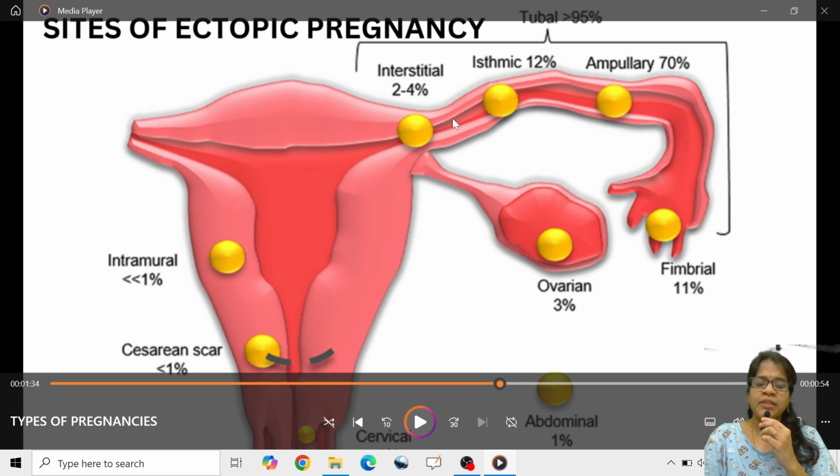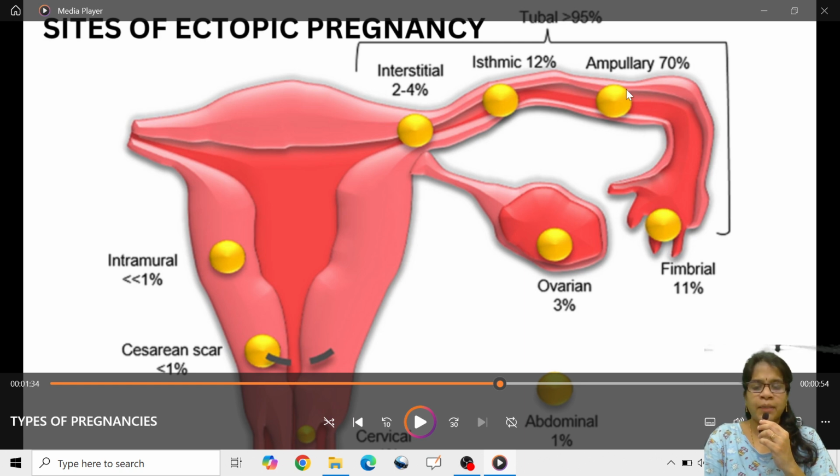The capacity of absorbing nutrients from the uterus is more seen in the interstitial part. Thus the baby can survive more in the interstitial part than the ampullary part. This interstitial part has many nutrients absorbed from the uterus, and a little endometrium will be there. So the survival capacity of the baby is more in the interstitial part of your ectopic pregnancy.